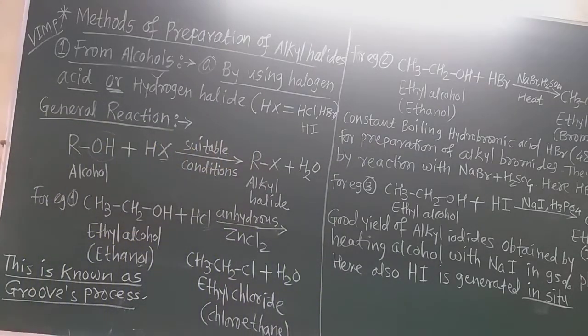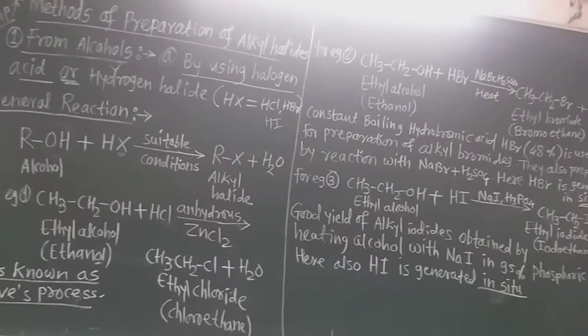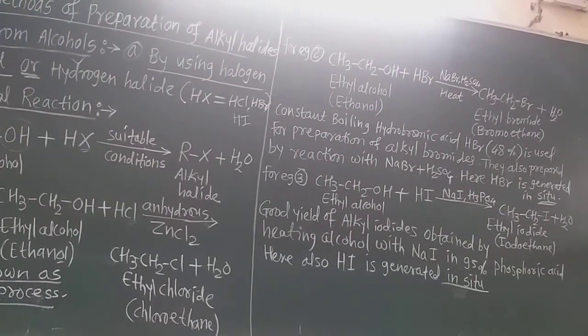Now let us learn the second example, in which we have to prepare alkyl bromides. This is only one example I have taken here for alkyl chloride. But you may take any alcohol such as propyl alcohol. You can take HCl with anhydrous zinc chloride, that is the same, and you get propyl chloride. If you take methyl alcohol, what will be the product? Methyl chloride. If you take isobutyl alcohol, what will be the product?